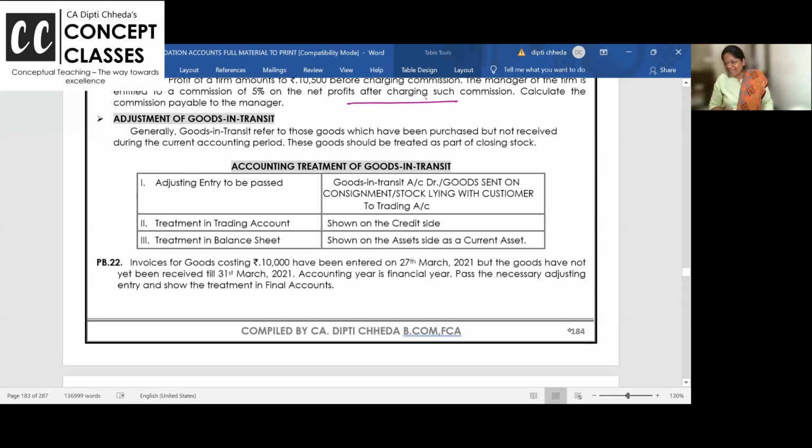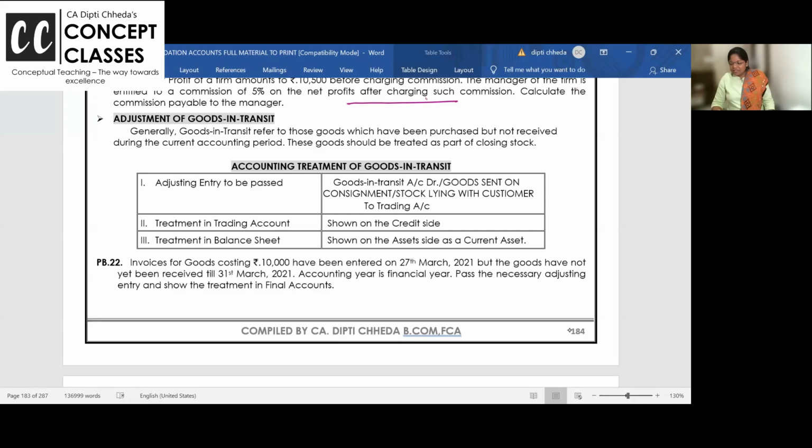Yes. Now moving towards the last adjustments, and then we can begin some good problems. Goods in transit. Some goods I have purchased, but they have not reached my godown and they have gone from my creditor. They are in the transporter's office, but are they my goods? Yes. Did I record it as purchase?